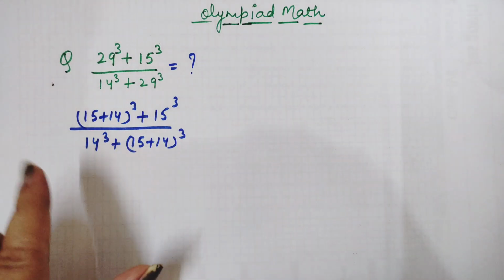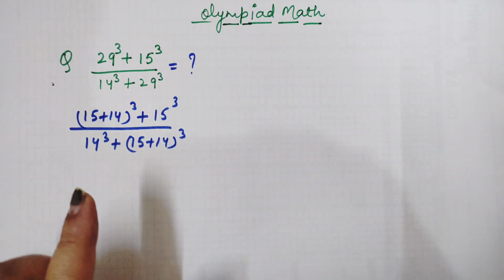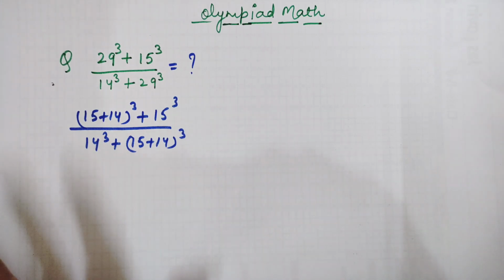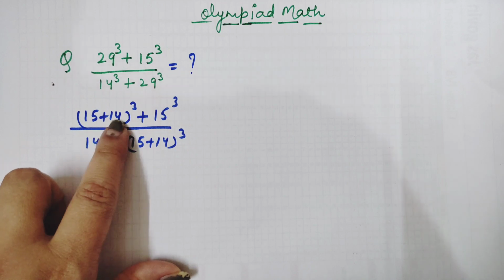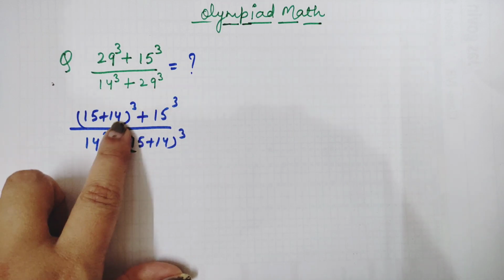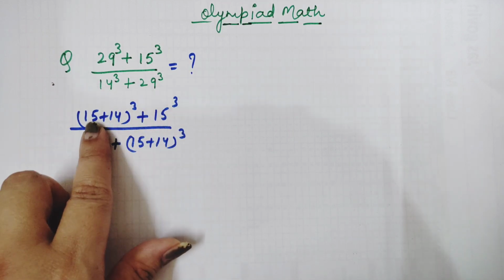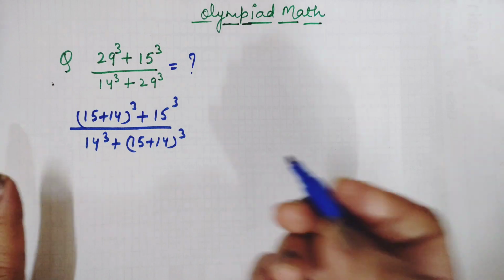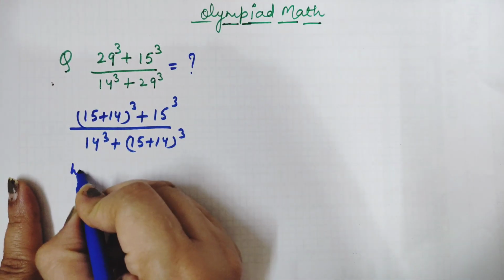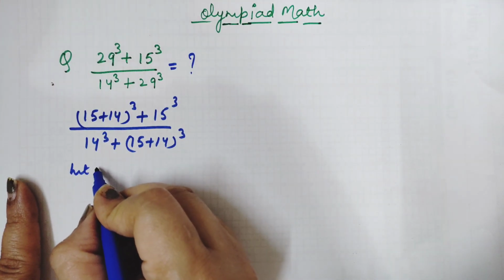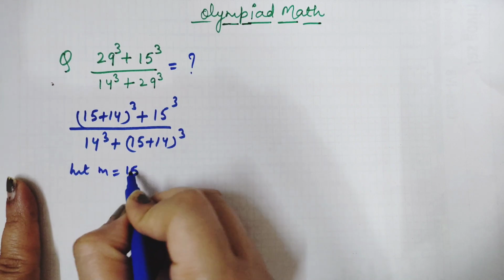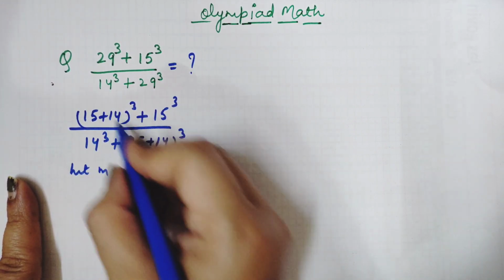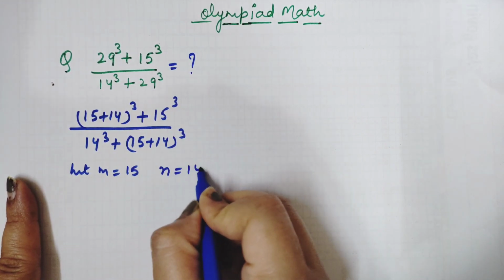Now you can see the numerator and denominator, all the terms are in the form of 15 and 14. Now see this 15 plus 14 whole cube. Do not use the a plus b whole cube formula. First of all, we will suppose this 15 and 14 are variables. Let me suppose 15 is m and 14 is n.